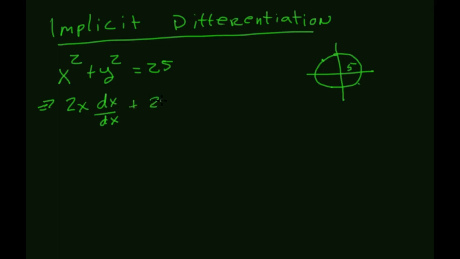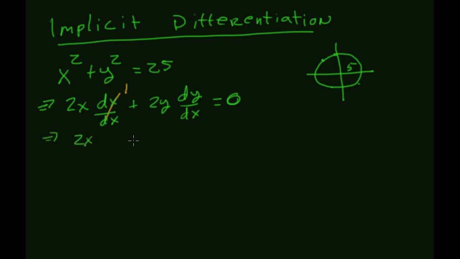All right, so this is 2y, and then the derivative of y with respect to x is going to be dy/dx. That's using the chain rule, right? And the derivative of a constant we know is 0. All right, so like we just said a moment ago, this thing is equal to 1. So I can make a quick simplification here.